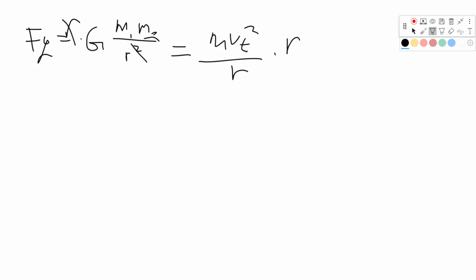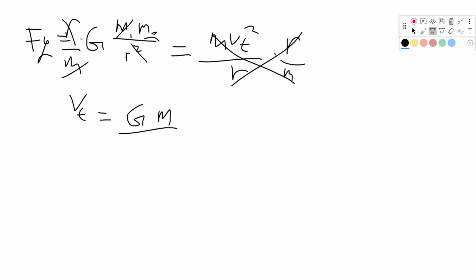And both sides are going to be divided by the mass of the orbiting object. So we're going to cancel this out, and we're going to assume that mass 2 in this case is the mass of the object being orbited, aka the sun. So these things cancel out of here, and we're left with tangential velocity equaling G times M over r.